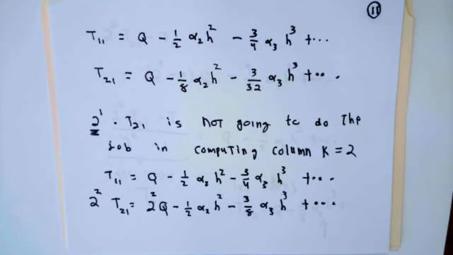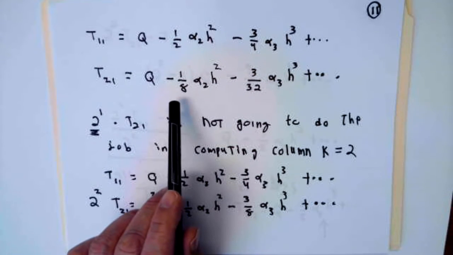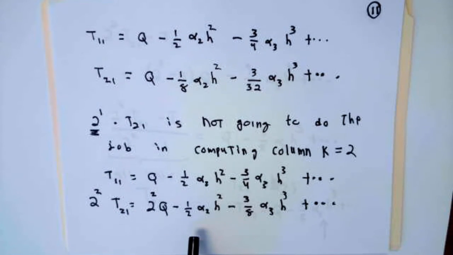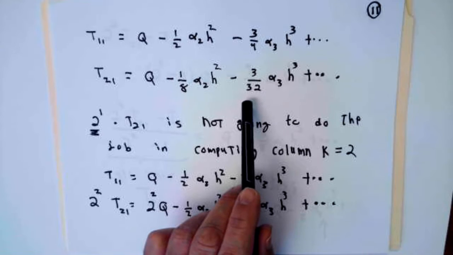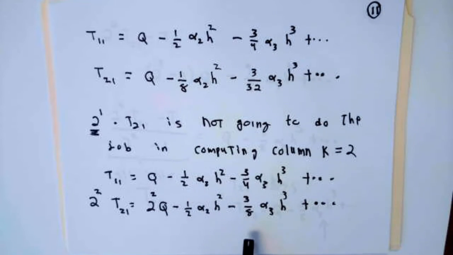That's not going to get the job done. Instead, I have to multiply by 4, which is 2 squared. If I figure out what 2 squared times T21 is, I get 2 squared times the true value. 4 times 1/8 is a half. 4 times 3 over 32 is 3/8, and so on and so forth.